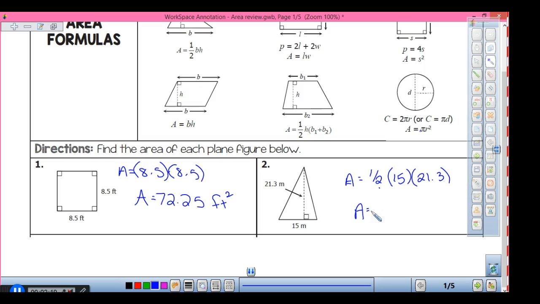Exercise those fingers. $159.75, is that what you guys got? What's my label? Meters squared. I will be marking off this chapter if you do not label your answers. Okay, you need to label your answers.